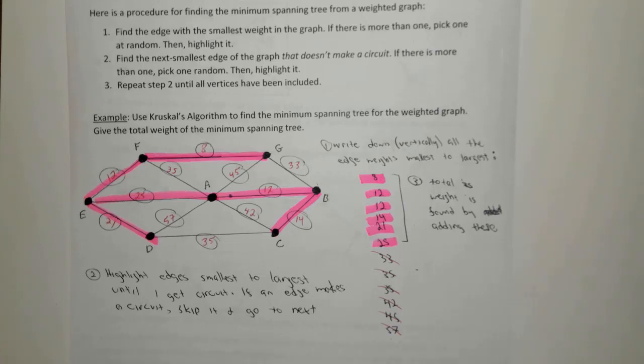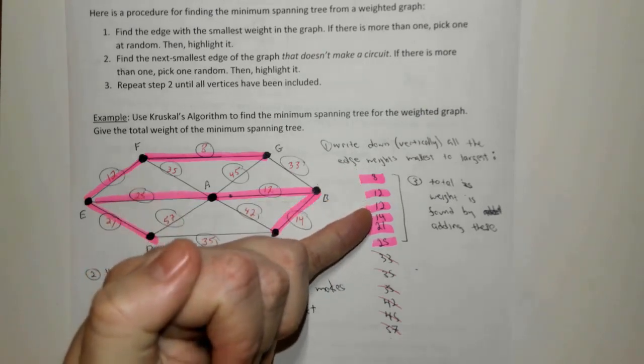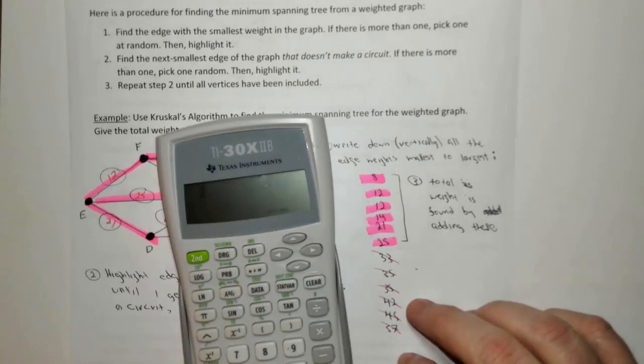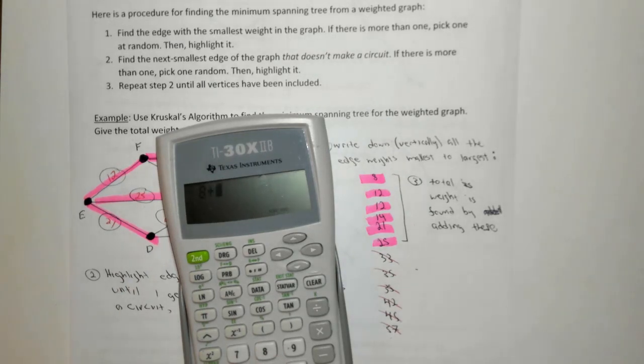All right, I'm going to do it a couple of times. 8 plus 12 plus 12 plus 14 plus 21 plus 25. I got 92.